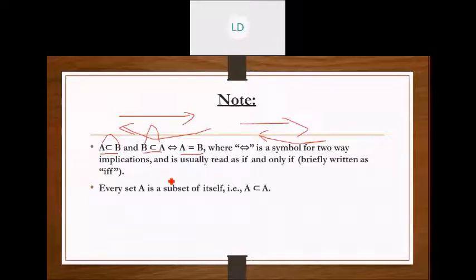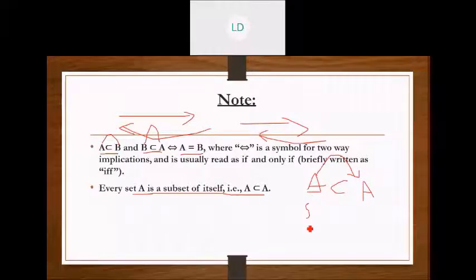Okay, so we consider the next note. Every set A is a subset of itself. Why is this? You see the definition. A is a subset of A. It becomes a subset when all the elements of the smaller set, all the elements of the subset, are there in the bigger set. So here definitely all the elements of A are there in A, correct?